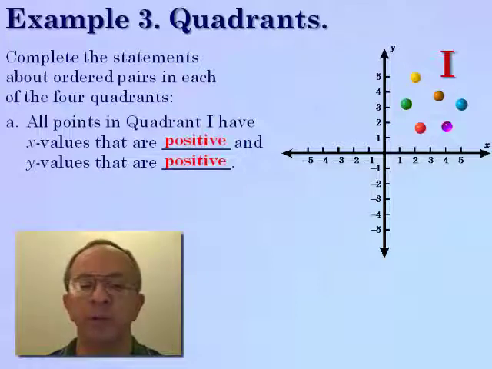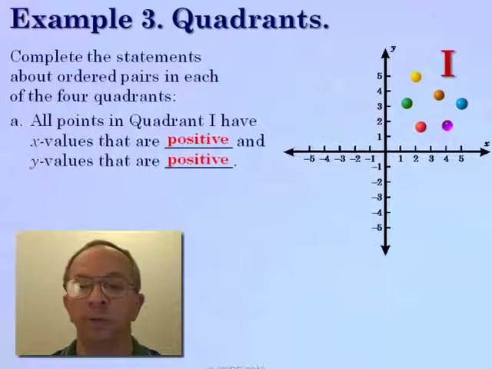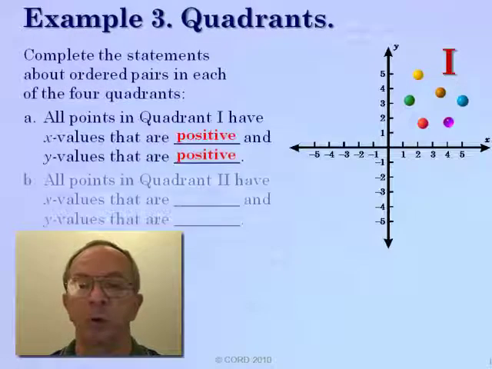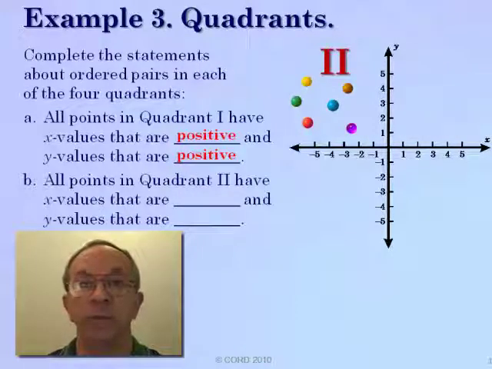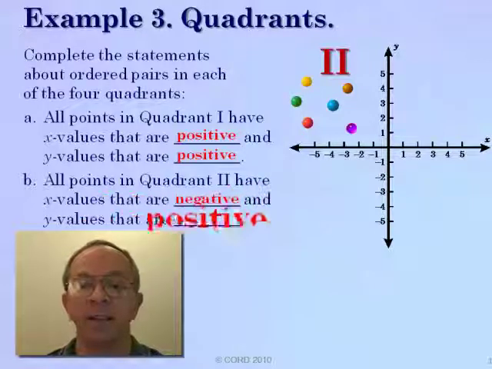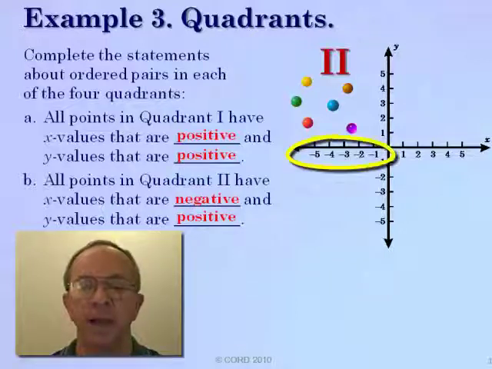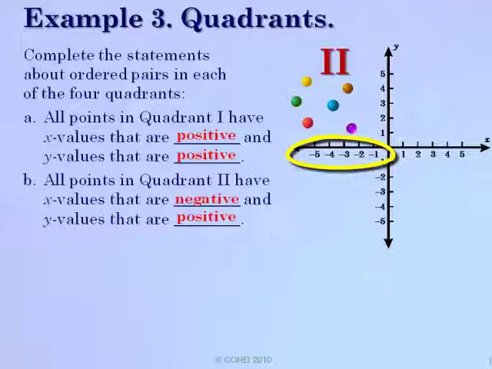X values are always positive and y values are always positive up there in this first quadrant. Very good. How about quadrant 2? If all these points were over here, what x values and y values would they have over there? You're right again. Negative x values and positive y values. Very good. All these x values over here are always negative, and the y values are always positive.